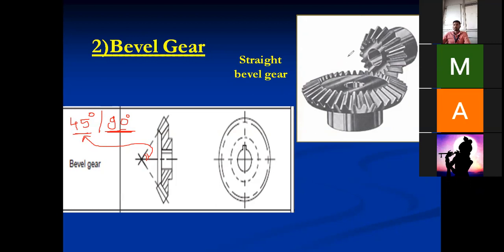A famous example of this bevel gear: if you see some heavy vehicle, maybe a dumper or truck, there is one concept called the differential gearbox. In between the wheels, there is a structure, something like this.